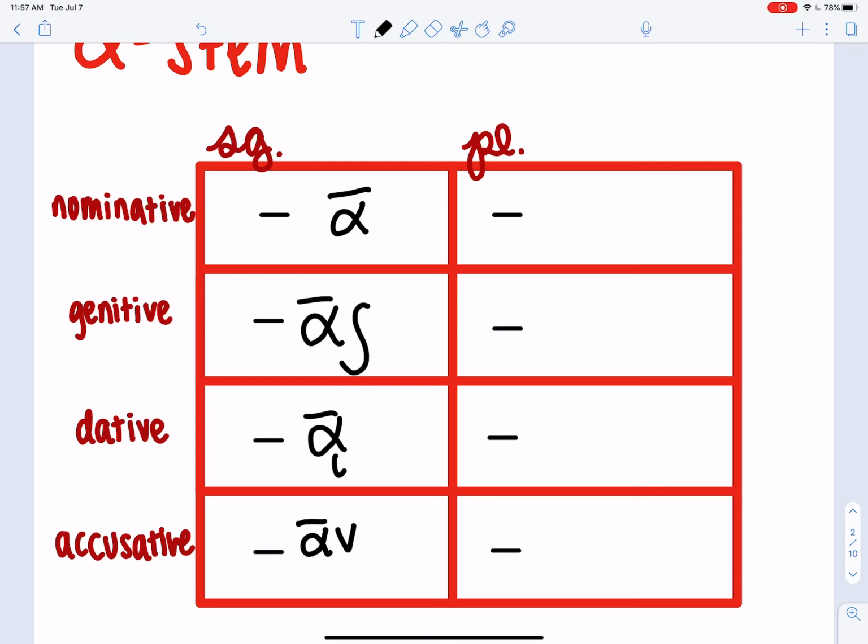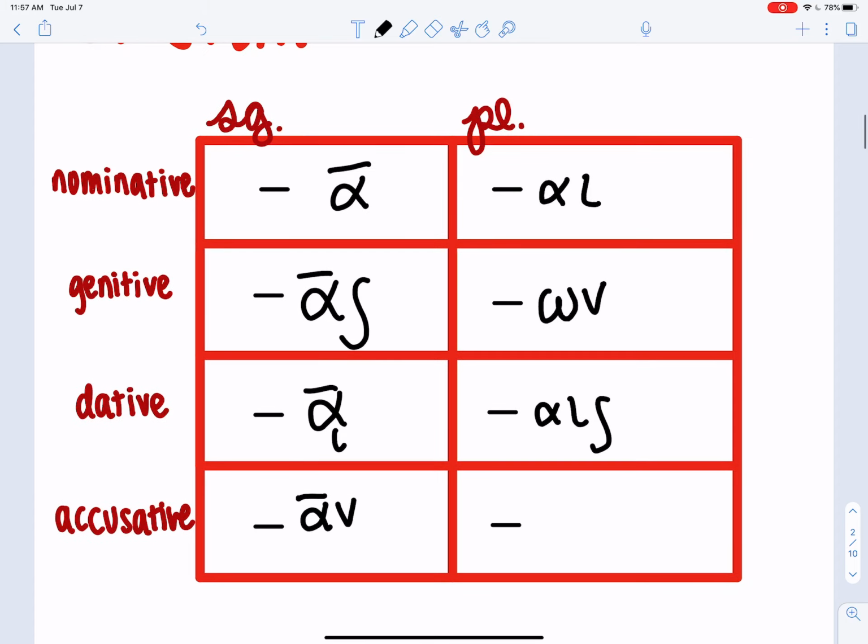Nominative plural is alpha iota. Genitive plural is omega nu. Dative plural is alpha iota sigma, and accusative plural is alpha sigma.